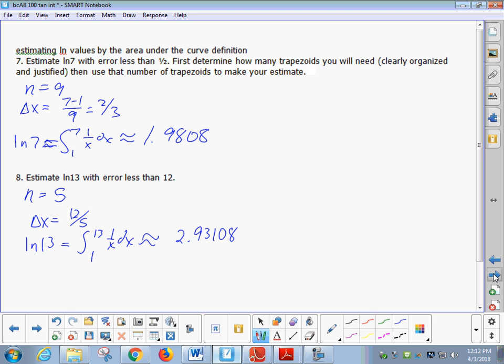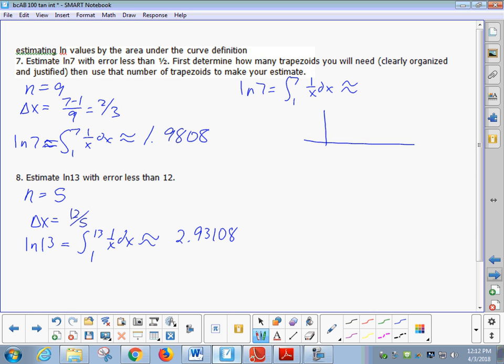Number 7. When you estimate the natural log of 7, it's the area under the 1 over x curve from 1 to 7. That then would take 9 trapezoids. Sorry, I thought I was making this so it required 4, but I screwed up. So it required 9 trapezoids.